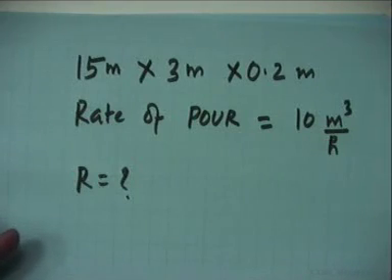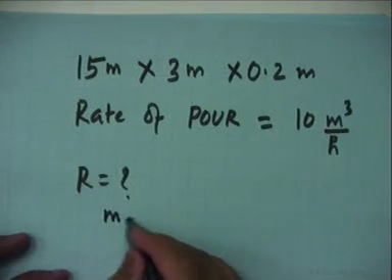Now this we are doing in a slightly different manner. I have not given you the time. I have given you the rate of pour itself, but in a different unit. Can you find it out? R, you know, it has to be in meter per hour.